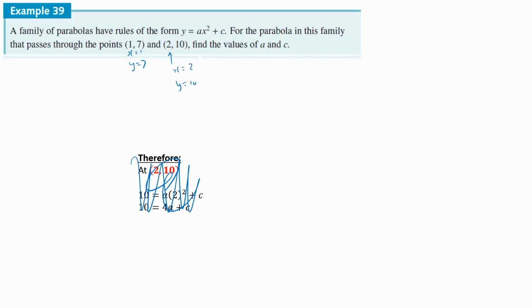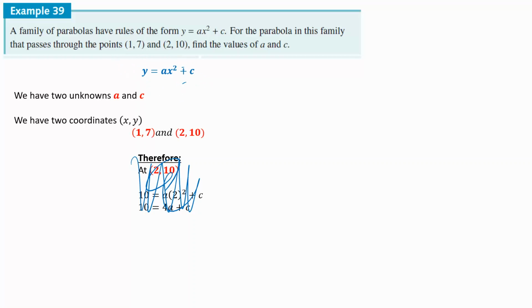Now the nice thing is it's easy because all you have to do is say, well, if this is my equation, ax squared plus c, I've got my coordinates 1, 7 and 2, 10. So when x is 2, y is 10.